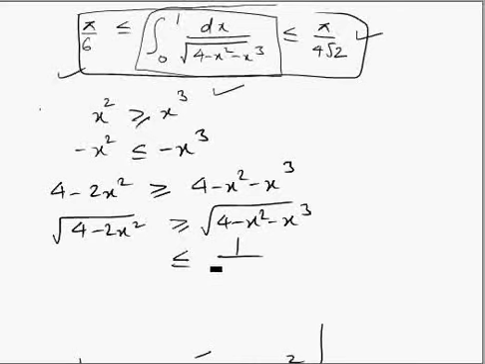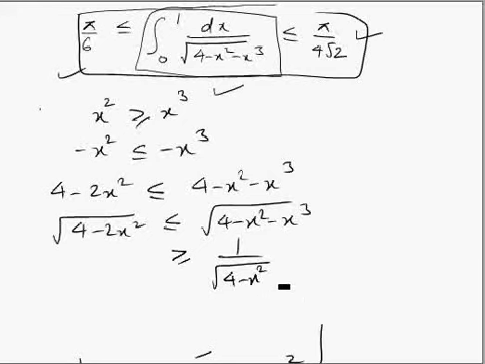Oh, this is a mistake I have made. The sign was like this. So if we take the reciprocal, the sign of the inequality will change. Now integrate from 0 to 1.